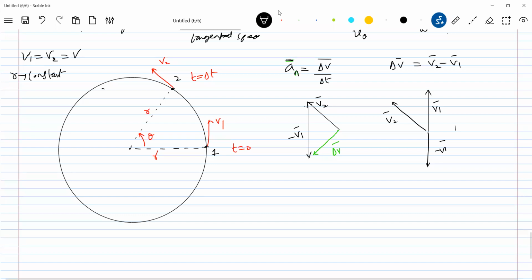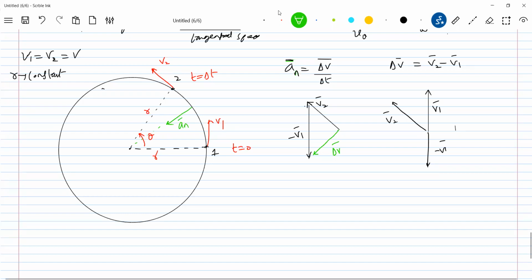So this is called centripetal acceleration, directed along the change in direction of velocity. Roughly, from the vector diagram I'm able to predict how delta V bar is directed. You can see in this direction. Got this? Somewhere it will be directed towards the center.